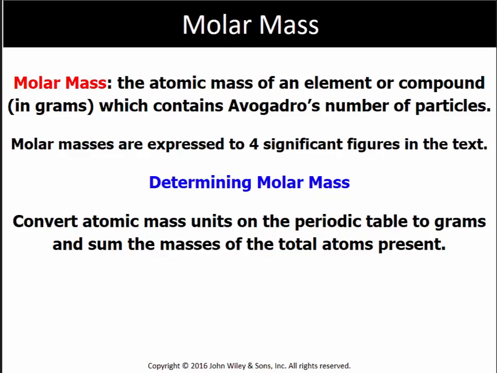For example, the mass of one individual hydrogen atom is 1.008 AMU. Now, if I look at the mass of 1 mole of hydrogen atoms, it is 1.008 grams.